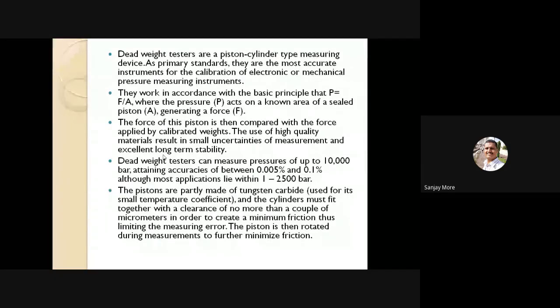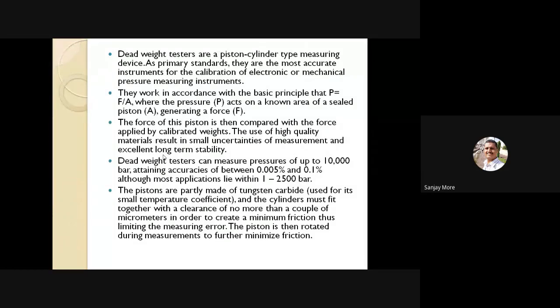They are the most accurate instrument for the calibration of electronic or mechanical pressure measuring instruments. The deadweight tester is the most accurate instrument for calibration of electronic or mechanical pressure measuring instruments. Okay, they work in accordance with the basic principle of P is equal to F divided by A. Pressure is equal to force upon area.